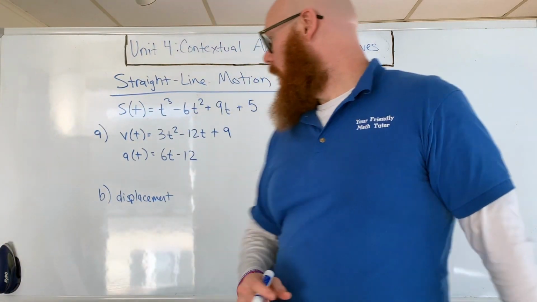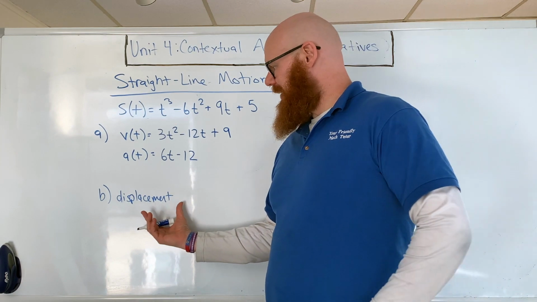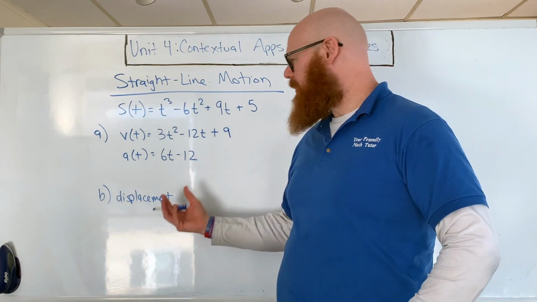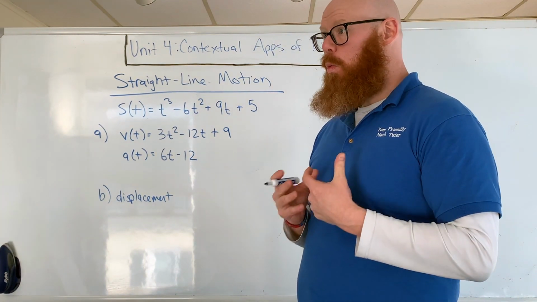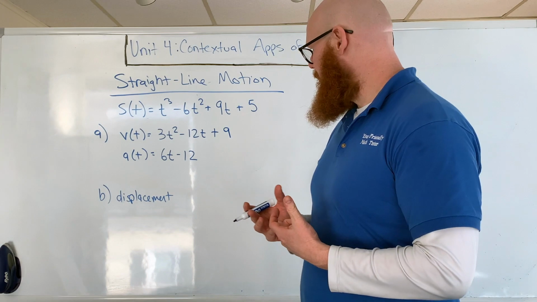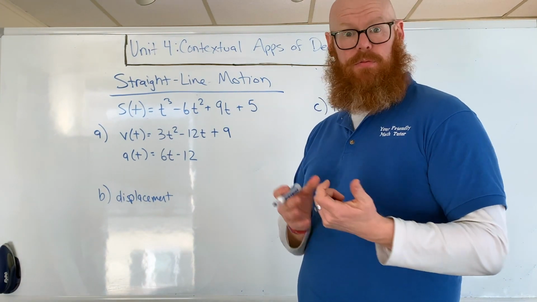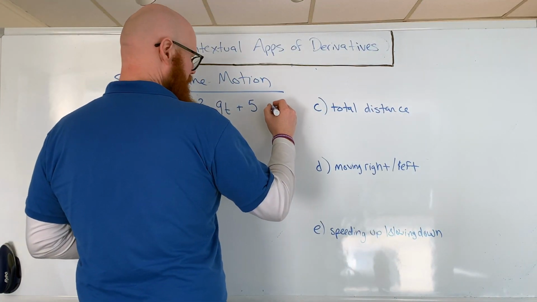All right. So another thing that they'll ask you is this idea of displacement or net distance. So displacement is just basically how far away does this particle end at a certain time relative to where it started. So let's go back up here and give ourselves an interval.